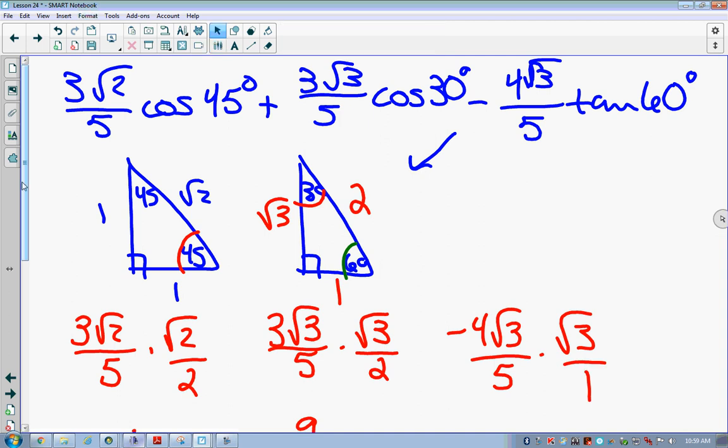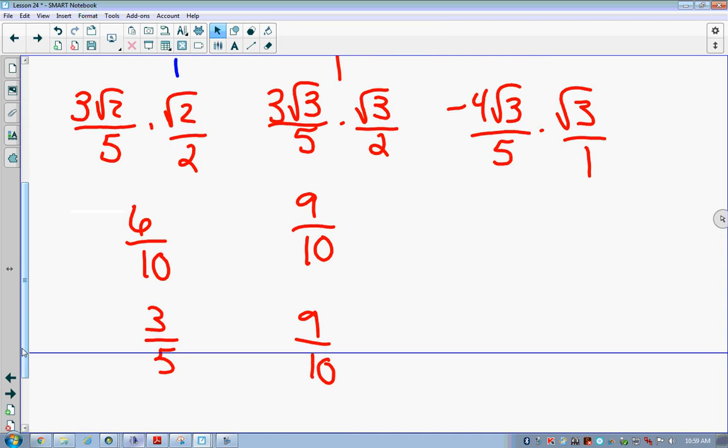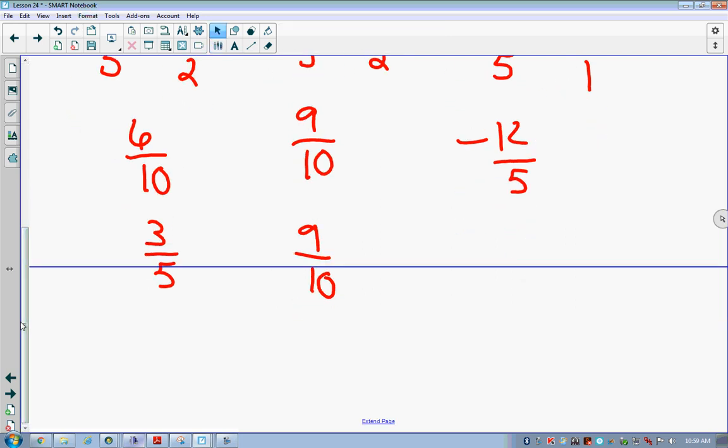All right, so as we pull this down, what's negative 4 radical 3 times radical 3? Negative 12 over 5. Okay? So we have 3/5 plus 9/10 minus 12/5. All right, I'm going to have to get everything into a common denominator, which would be tenths.